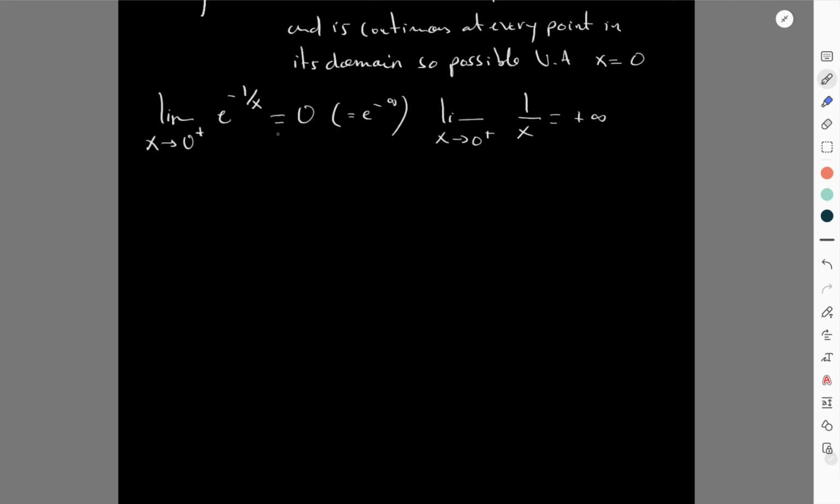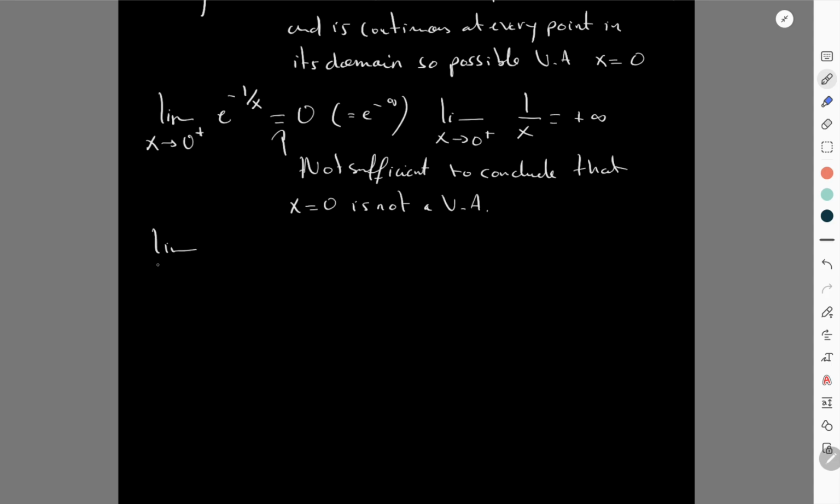So this is not sufficient to conclude that x equals 0 is not a vertical asymptote. I really have to check the other side of 0, to be more precise. It's the limit as x goes to 0 minus of e to the minus 1 over x.